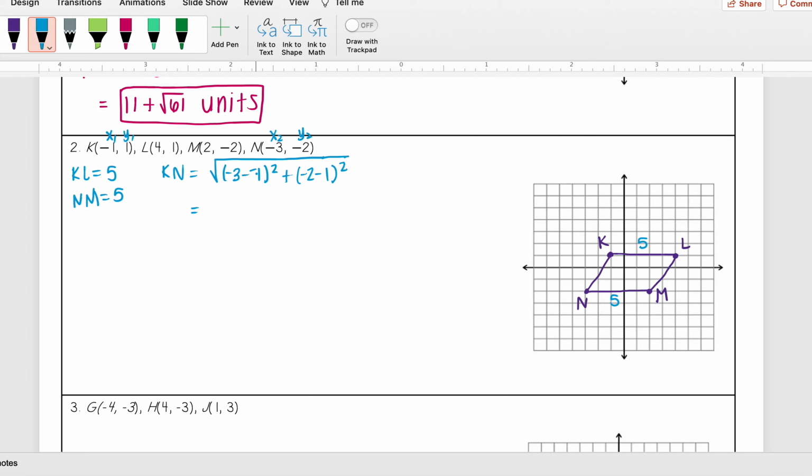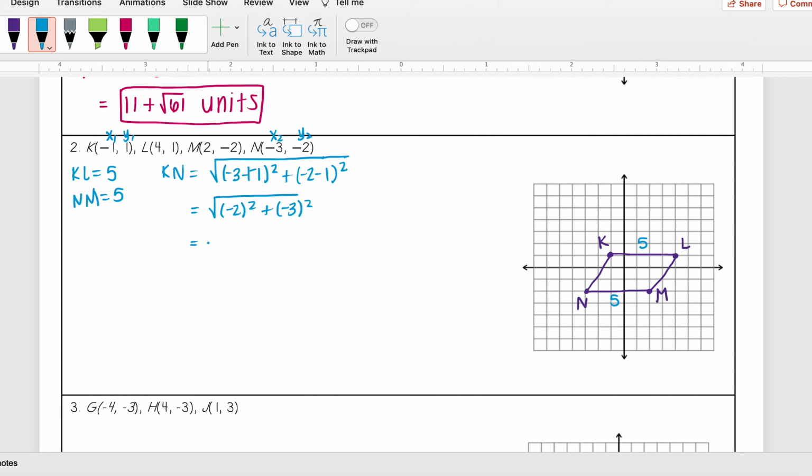Well, I have -3 minus 1, whenever I'm subtracting a negative number, I'm really adding a positive. So I have -3 plus 1 to get -2 squared, plus -2 minus 1 is -3 squared.